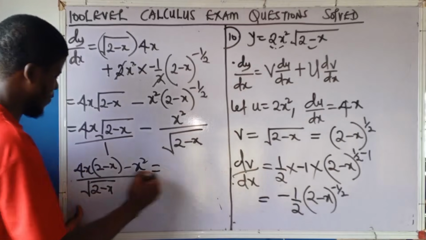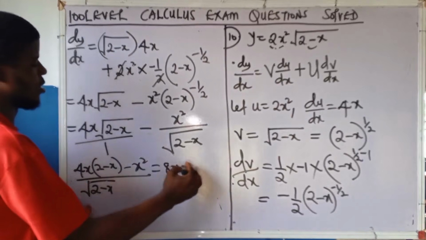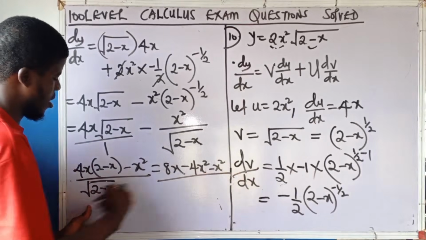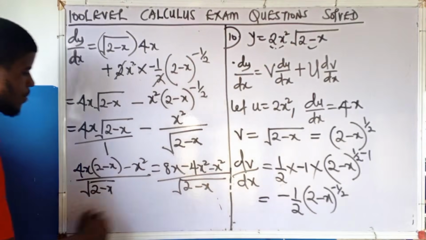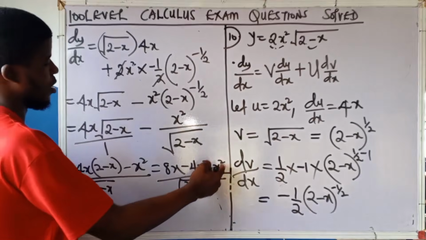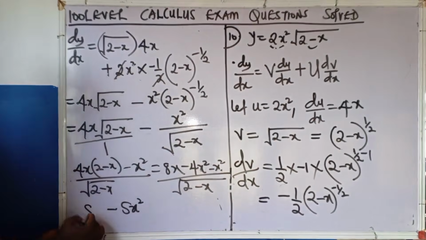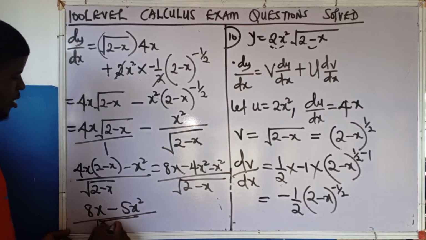So what does this give? 4x times 2 is 8x. 4x times minus x is minus 4x squared and minus x squared. All divided by the square root of 2 minus x. Check. Minus 4x squared minus x squared is minus 5x squared. You will have 8x outside. All divided by the square root of 2 minus x.